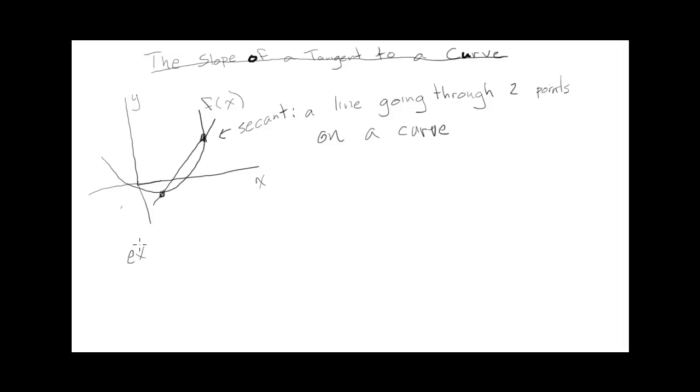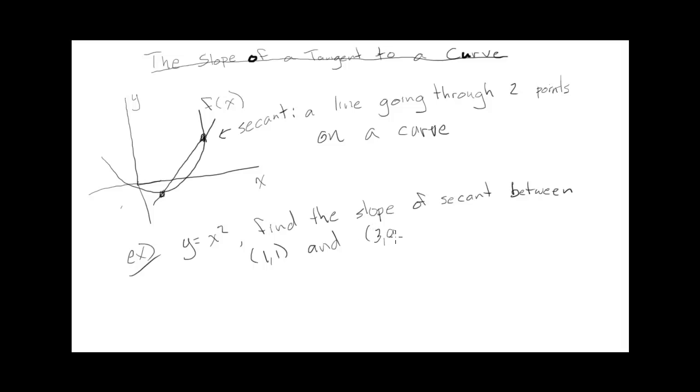So as an example, let's say you had y equals, the easiest one, x squared, and you want to find the slope of the secant between, or going through, let's take the point 1, 1, so 1, 1's on that curve, and let's take 3, 9.